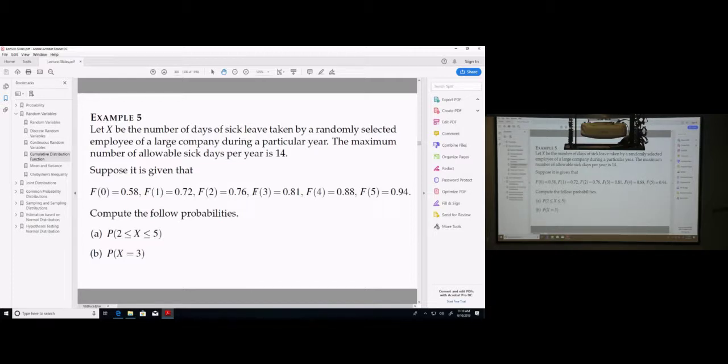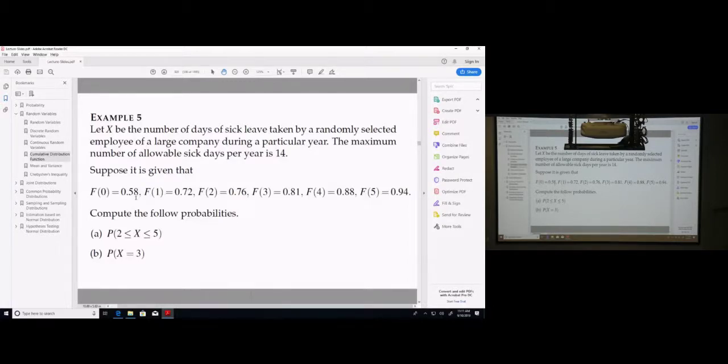So anyway, the first thing is to look at the historical data. Since the company is assumed to be large, there is a large number of employees. So we just use the last year as a way to gauge it. And this is what is happening. So F of 0 is 0.58.